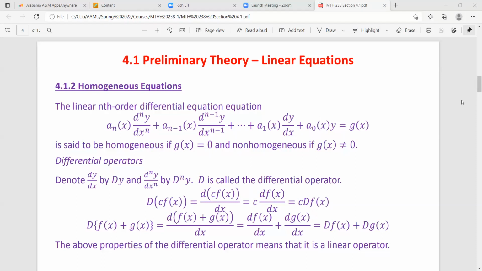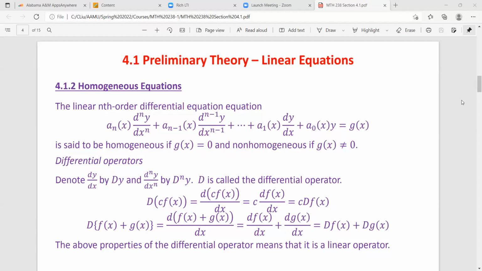For example, the function value y and the derivatives of y are given at 1 point, x0. While for boundary value problems, the condition is given at different points, at least 2 points.